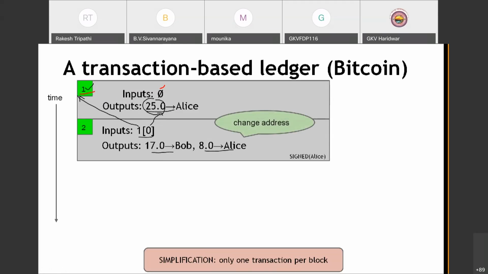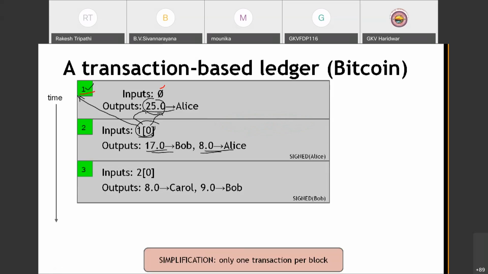In a transaction-based ledger, in every transaction, in the input we have to specify where I got the money which we are spending in this transaction. So it should have a reference to a previous transaction output. And the output is, I'm giving 17 to Bob and 8 to Alice.